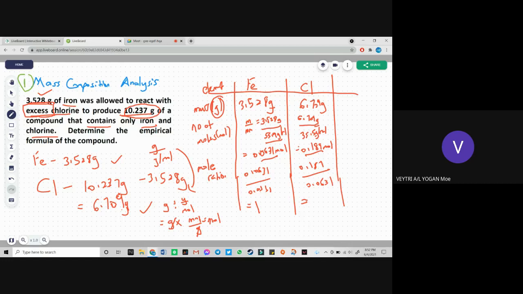It's quite logical, okay? You guys know rounding off. So, now this is 3. So automatically over here, your empirical formula is going to be FeCl3. Okay? Empirical formula. It will be FeCl3.